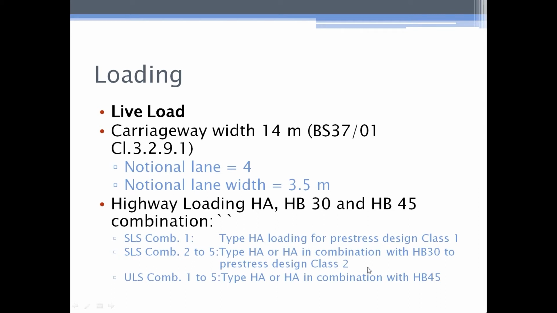The project requirement for traffic loading is to comply with the following load combination: SLS combination 1 type HA loading for pre-stress design class 1, or SLS combination 2 to 5 type HA or HA in combination with HB30 for pre-stress design class 2. For alternate limit state combination 1 to 5, type HA or HA in combination with HB45 are required.